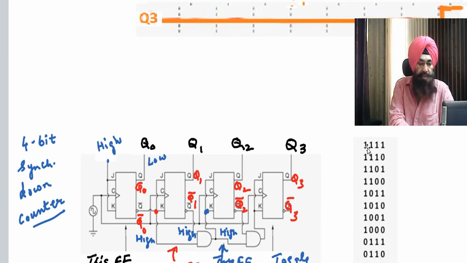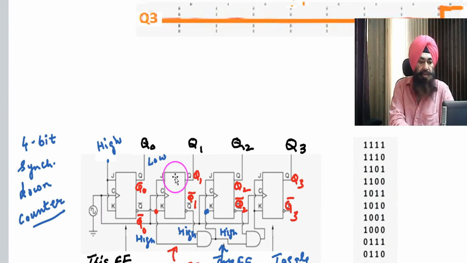Okay, 8 plus 4 is 12. 12 plus 2 is 14. 14 plus 1 is 15. So this value is 15. From 0 to 15, that is a total of 16 counts. So this goes 15, 14, 13, 12, 11, 10, and so on.